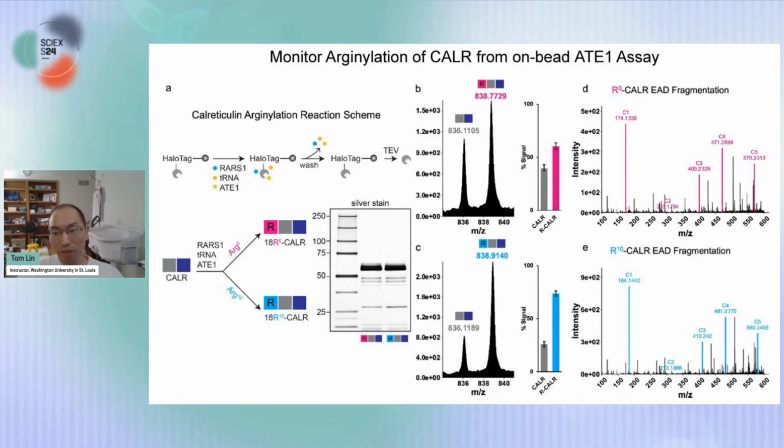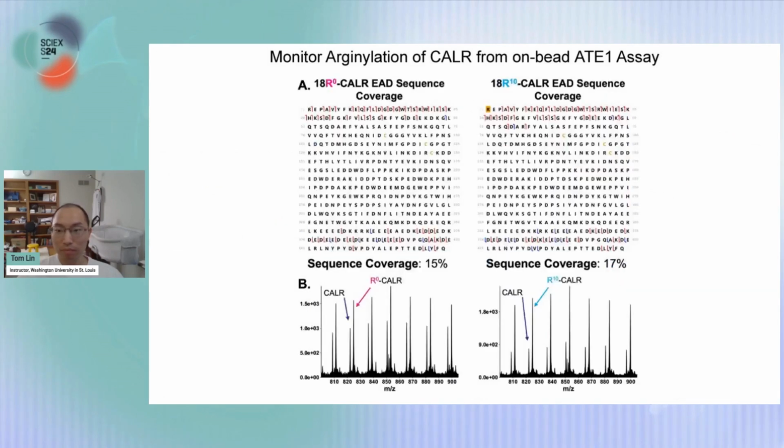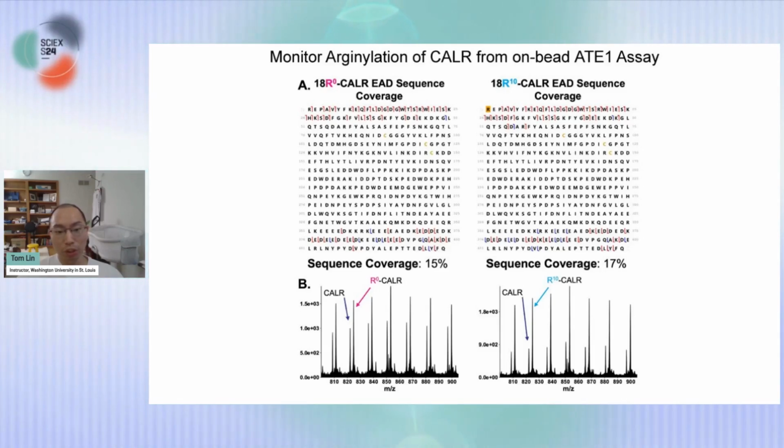MS2 fragments on the right side clearly show the c series of ions with a mass difference of 10 Dalton differences. The sequence coverage of the isotopic modified arginine proteoforms is shown on this slide.